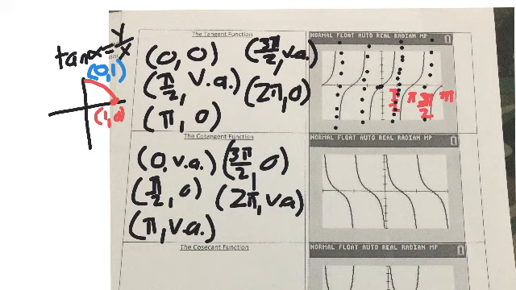Amplitude with sine and cosine was what it oscillated between. What was the low value and the high value? When we look at tangent, its amplitude, we can't really talk about it. It's from negative infinity to positive infinity. Phase shifts, which go left to right, we can still have phase shift changes.